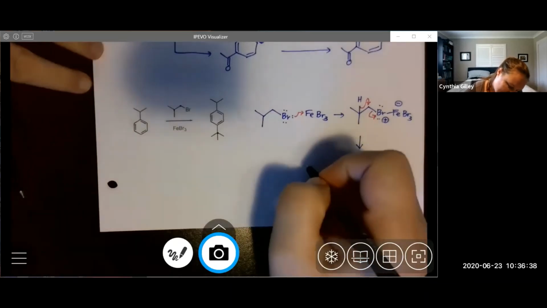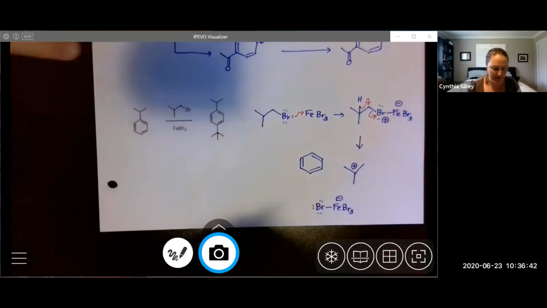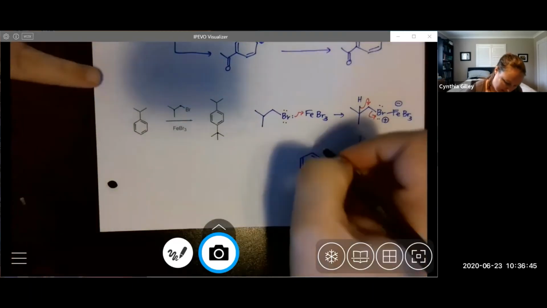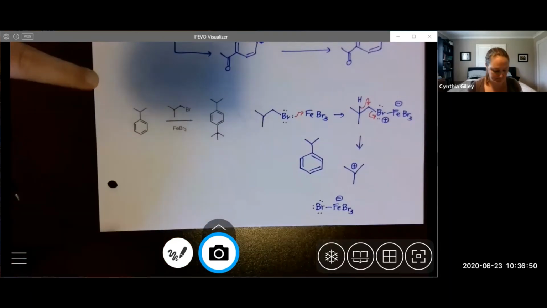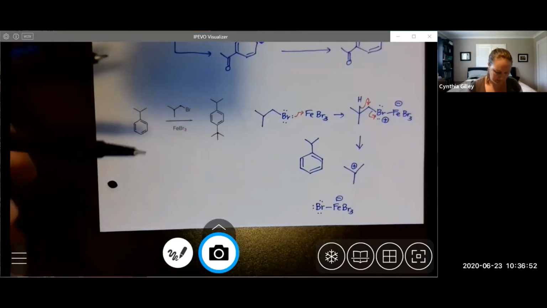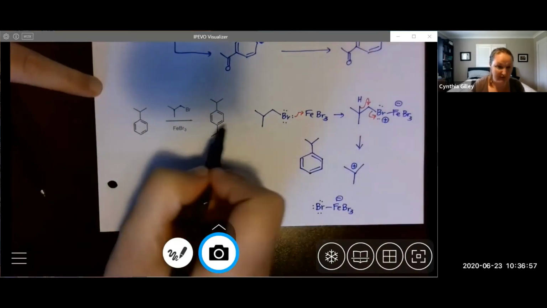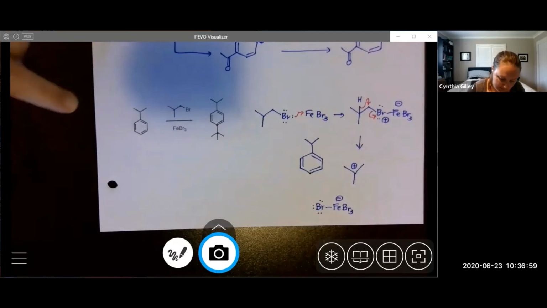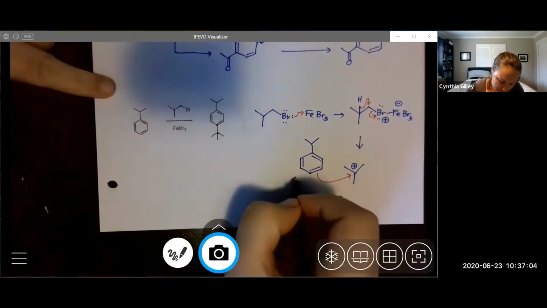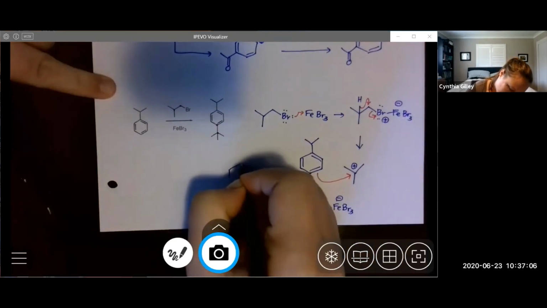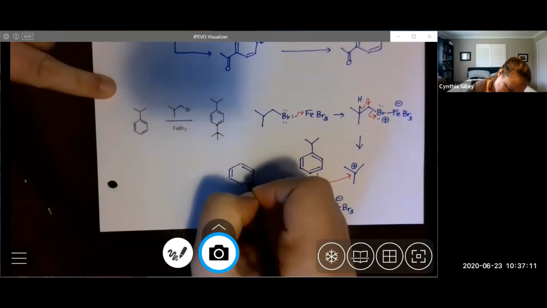Right, once we have the tertiary carbocation, that's a strong enough electrophile for our aromatic ring to get involved. Note that I'm using isopropylbenzene. And I want my tert-butyl group to be attached to this carbon. That's where it's attached in the product. So I'm going to use this pi bond. And again, we'll learn how to predict which pi bond to use next time.